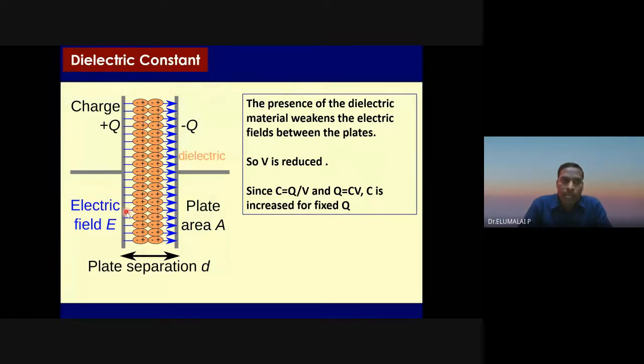Material having a low dielectric constant will store very little charge. Can someone explain why it can be so? Why can a material having good dielectric property store more charges compared to a material having less dielectric?